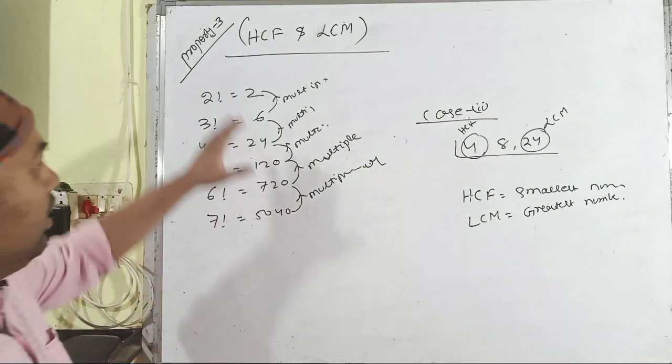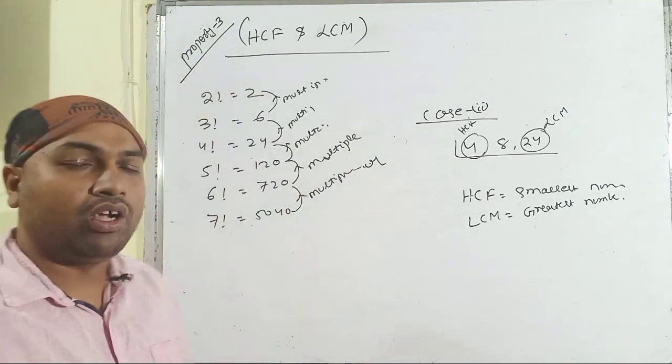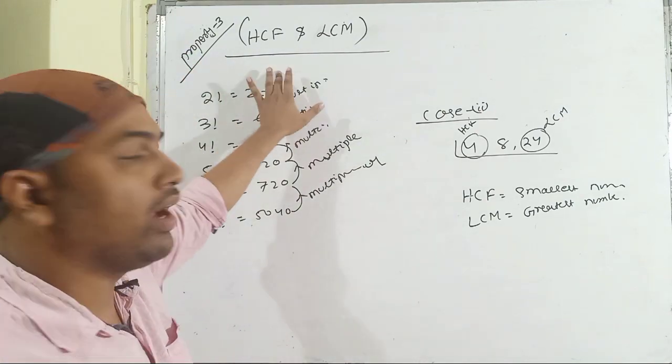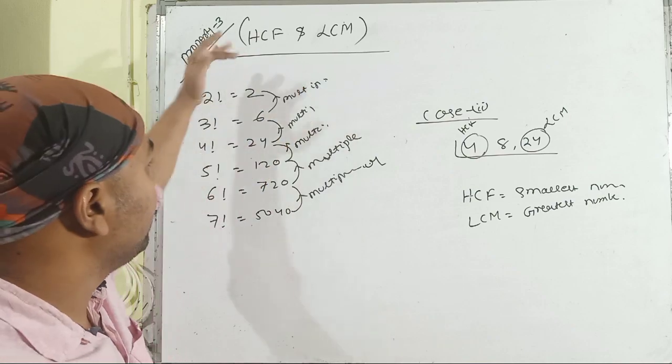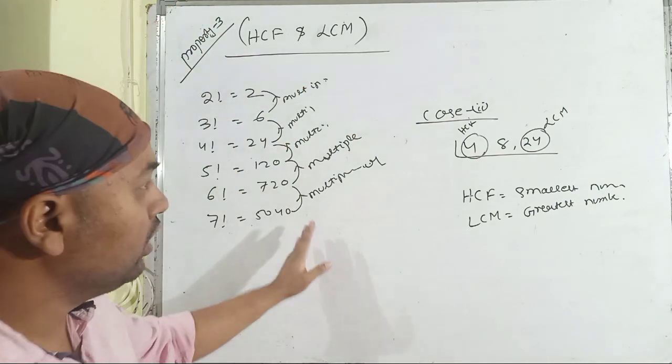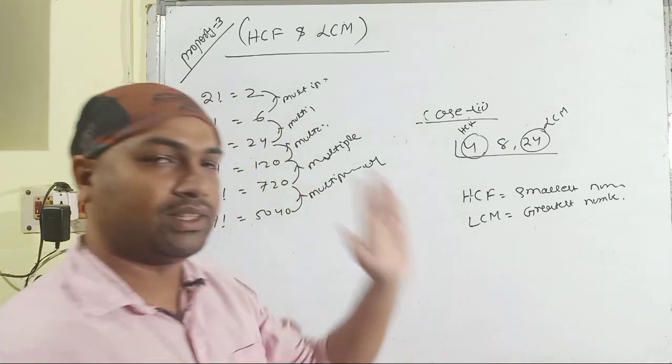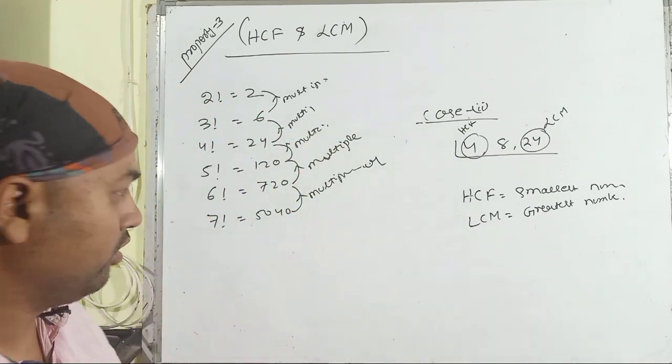So it will not be difficult to find the HCF and LCM in the factorial topic, because this comes under the second case that we have just studied.